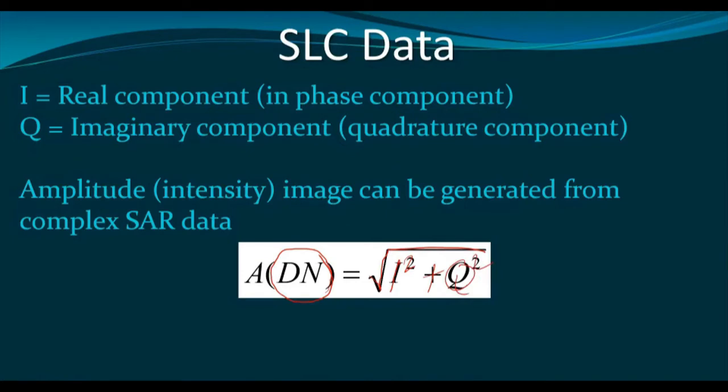I mean, the squared value of the real component plus the squared value of the imaginary component. Now, let us try to understand. This is a very simple formula to determine the DN value on the radar imagery. But what does it mean by real component, in-phase component, and what does it mean by imaginary component or quadrature component?